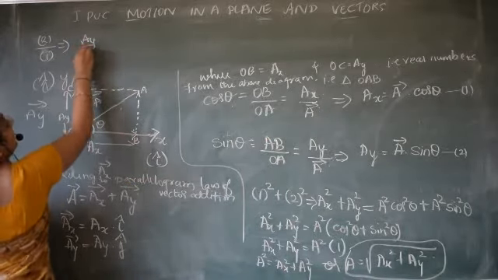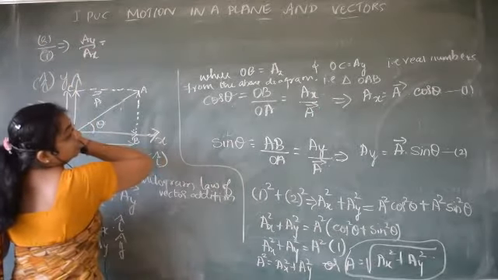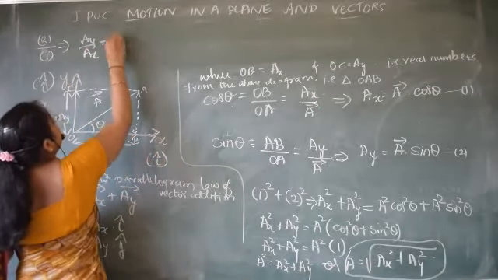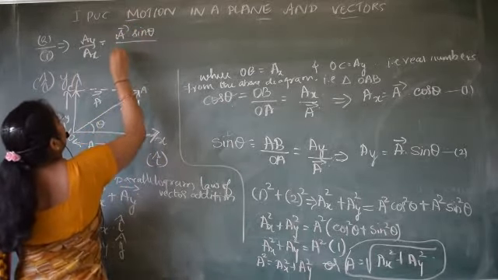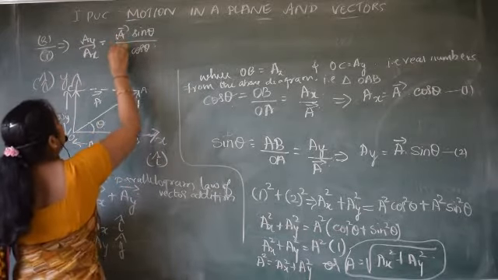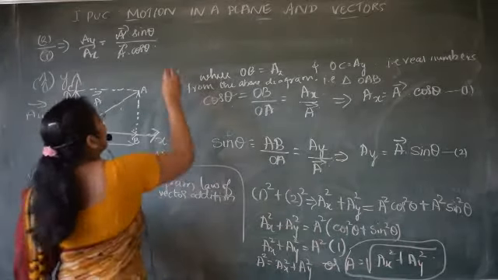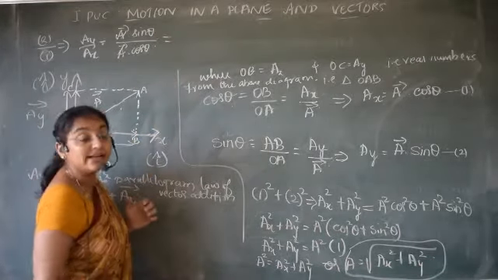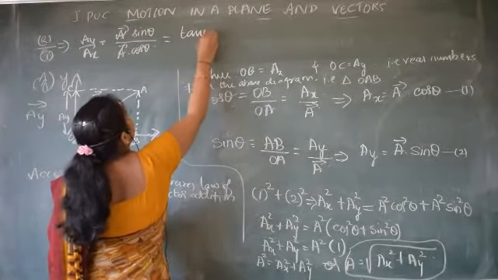Ay by Ax is equal to A vector into sin theta divided by A vector into cos theta. A vector gets cancelled. Sin theta by cos theta is nothing but tan theta according to trigonometry, correct? Sin theta by cos theta is tan theta.